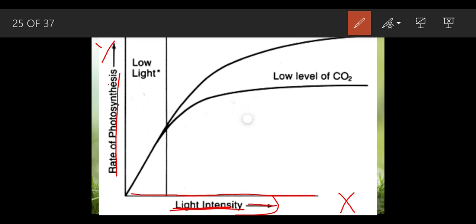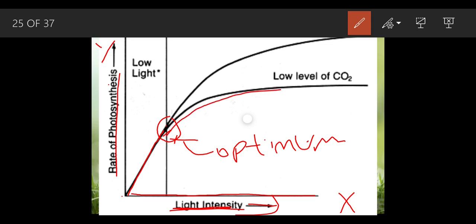If the light intensity is increasing, the rate of photosynthesis also increases up to a certain level. This level is called the optimum. But as soon as the rate of photosynthesis increases up to a certain level, then it becomes stable.